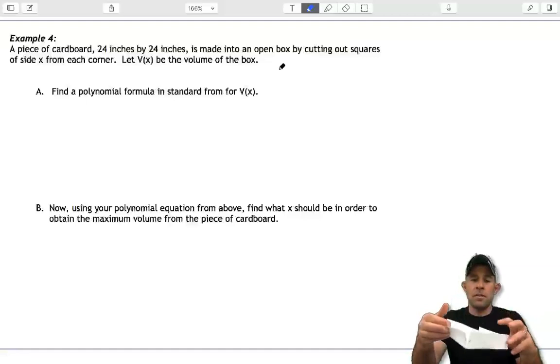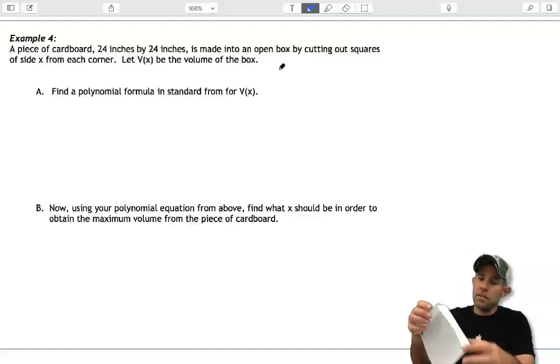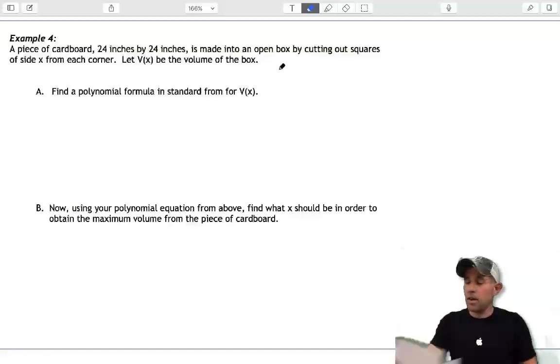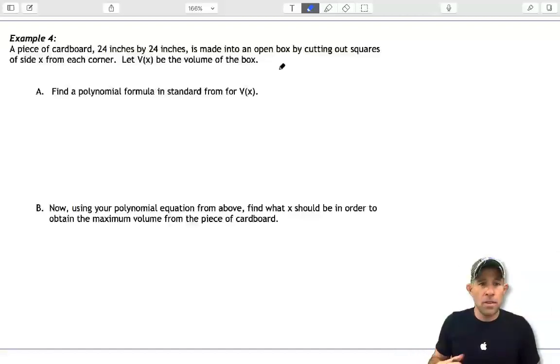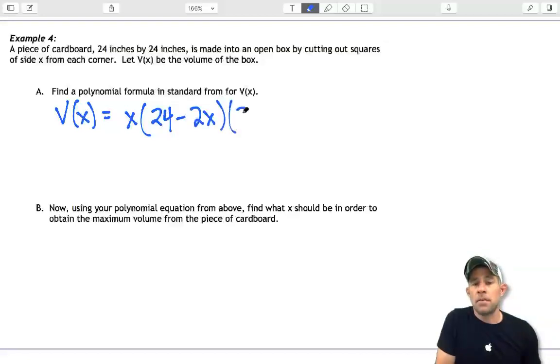And you can see now that those dimensions will be x on its width, and then it'll be 24 minus 2x along each one of those sides. So let's write that as our polynomial here. V of x is equal to x, the length or the width or the height, however you want to say that, times 24 minus 2x times the other dimension, which is also 24 minus 2x.